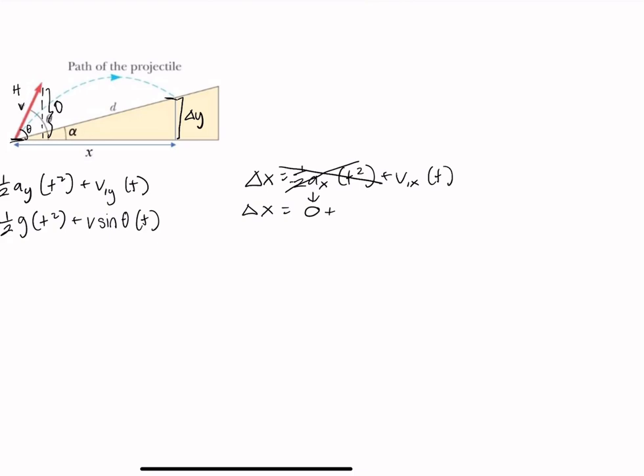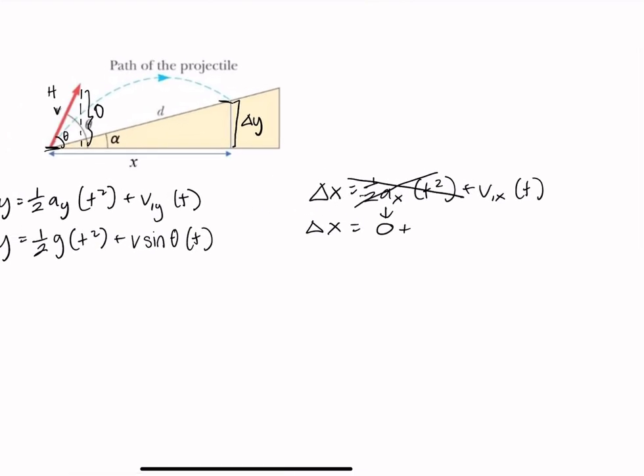And then using this hypothetical triangle again, v_ix is just equal to v cosine theta, because the x component right here would just be the adjacent, and cosine is adjacent over hypotenuse. Using v, we can do v times cosine theta to solve for the x component times t. Delta x, or x, is just equal to v cosine theta t.